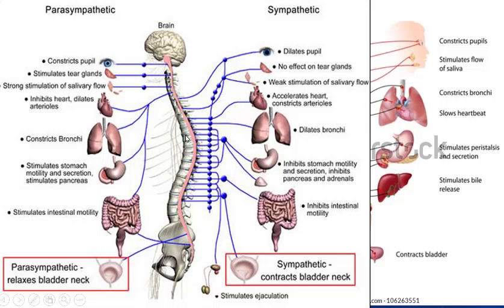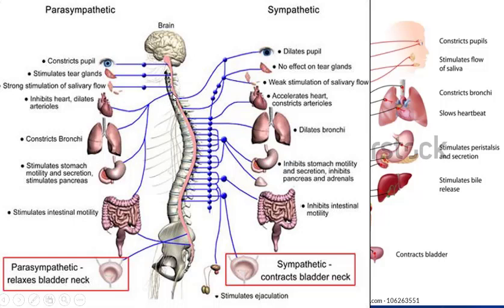While in the parasympathetic nervous system, the preganglionic neurons are long, and they just terminate on the surface of the organ, where postganglionic neurons are present. These neurons are very short.